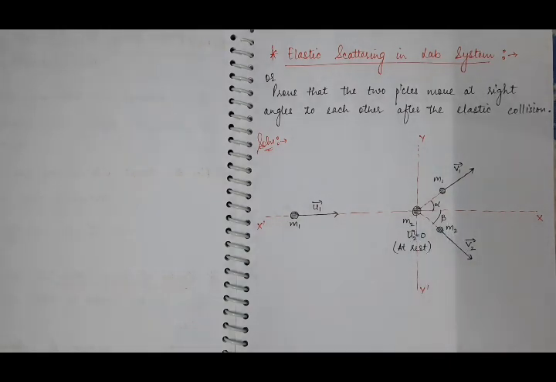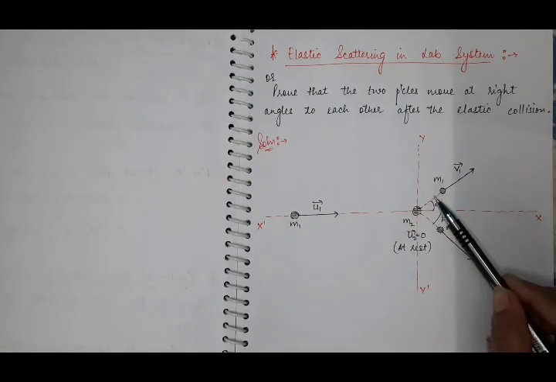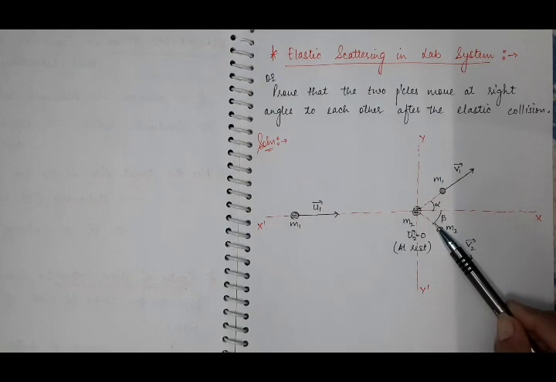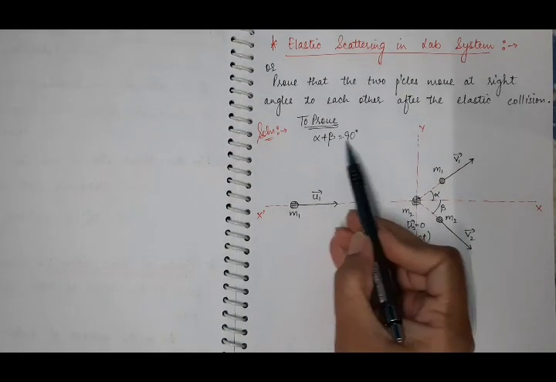As we know, in elastic scattering the laws of conservation of linear momentum and kinetic energy both hold good. By applying these laws, we will prove that these two particles are at right angles to each other after collision. It means what we have to prove is alpha plus beta is equal to 90 degrees.